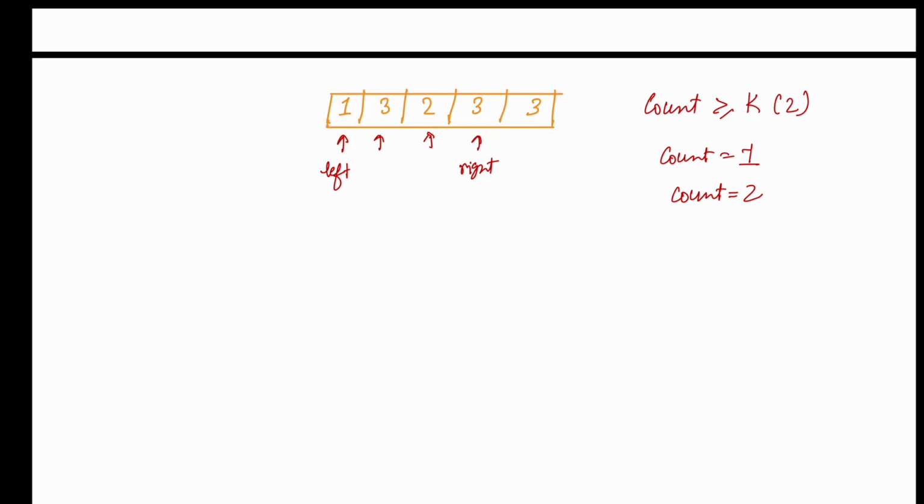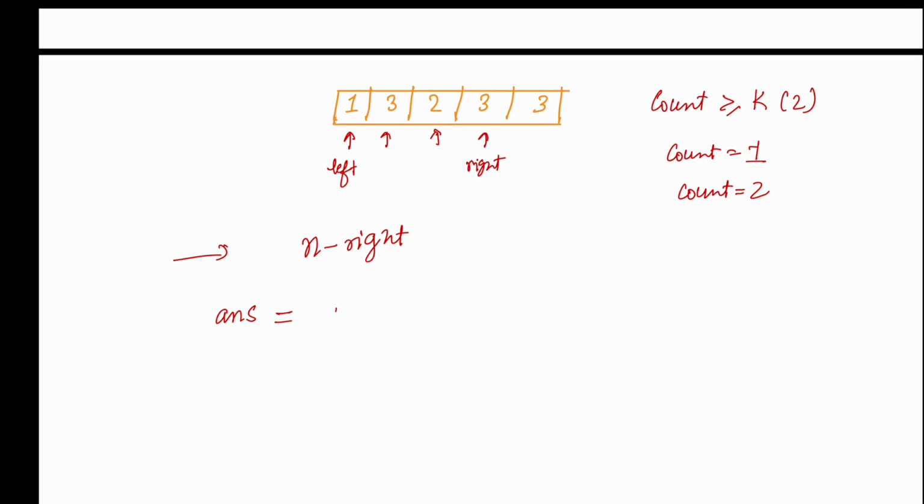So how do we take out the count? We can simply do n minus right. So this will give me the count of all those subarrays satisfying the condition, and for each left, we'll be storing answer equals to answer plus n minus right.